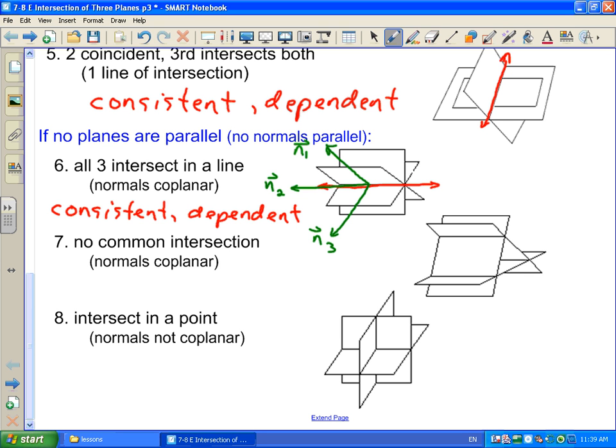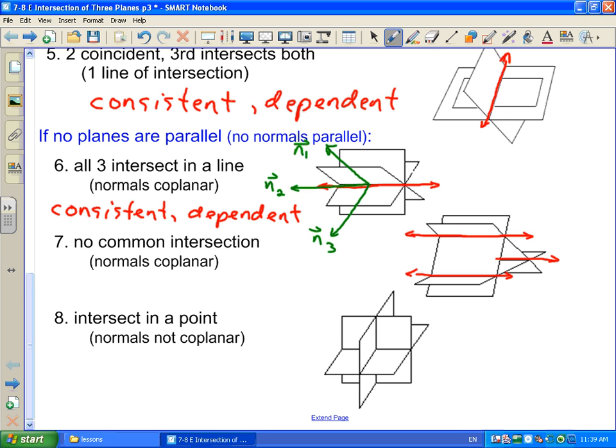Seventh possibility, we can have our three planes intersecting. Plane 1 can intersect plane 2 can intersect plane 3 can intersect plane 1 again, but there isn't a common intersection. Instead, what we have are 3 lines of intersection here, here, and here.